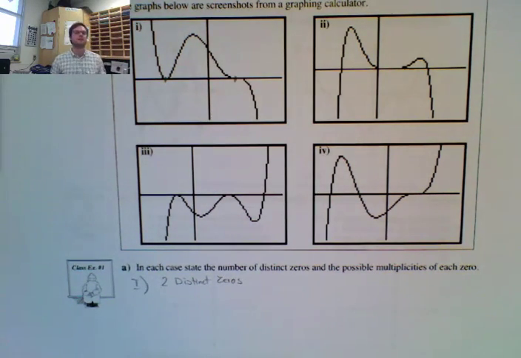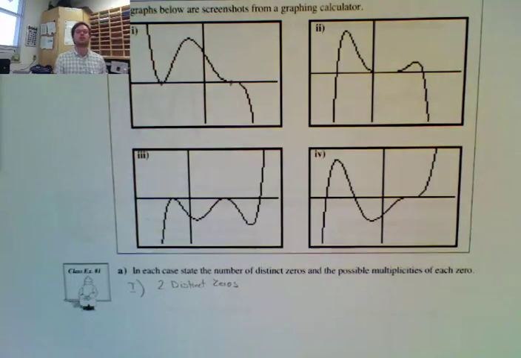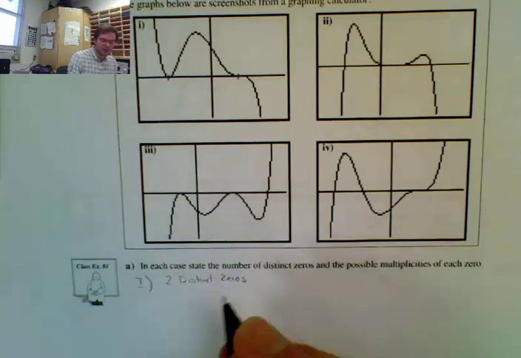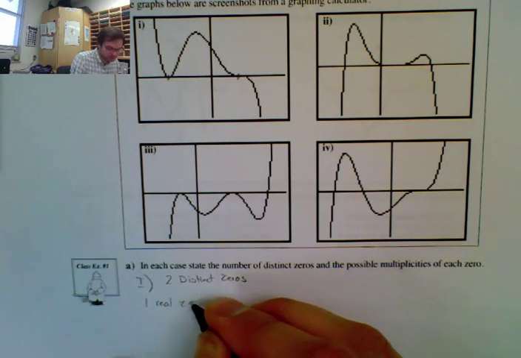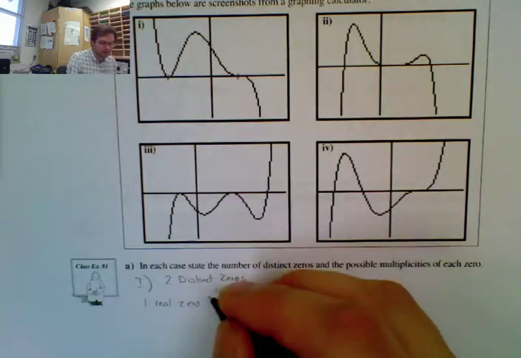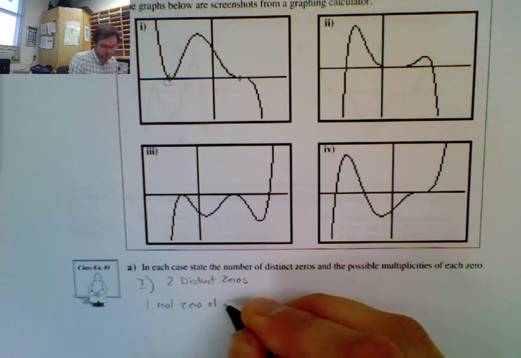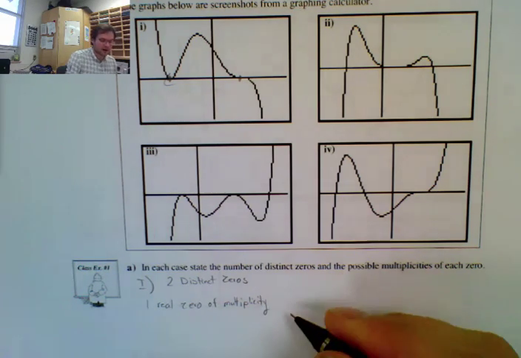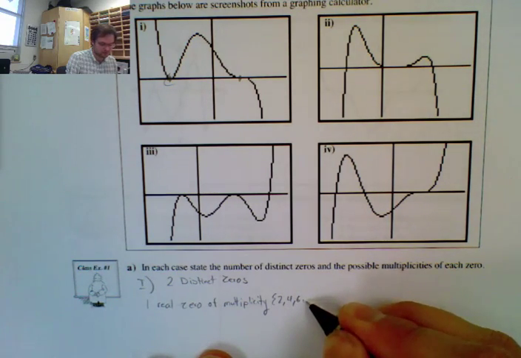Okay, now I look at these here. This first one here is a toucher, so that means it is a point of tangency. So it's tangent to the x-axis. So we have 1 real root, or real zero, of even multiplicity. And it's even, so that's going to be anywhere between 2, 4, 6, and so on.